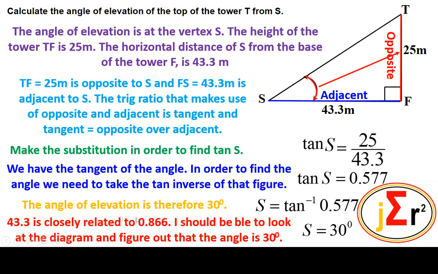I'm not talking about the point and the entire value, just the digits. 0.866 is known as the sine of 60 degrees, which is also the cos of 30 degrees. So this side should have given the entire problem away, and we should have been able to figure out that the angle is 30 degrees.